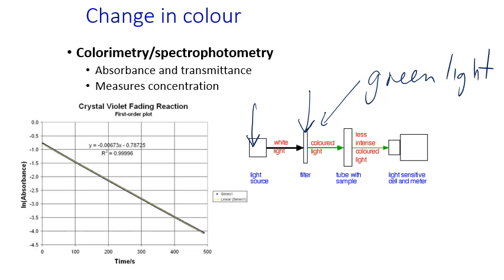The sample is then added, which will only be absorbing in this particular wavelength, and then the difference between what was transmitted and what was absorbed is going to be detected by a light sensitive cell ammeter, and you can work out basically how much light was absorbed.